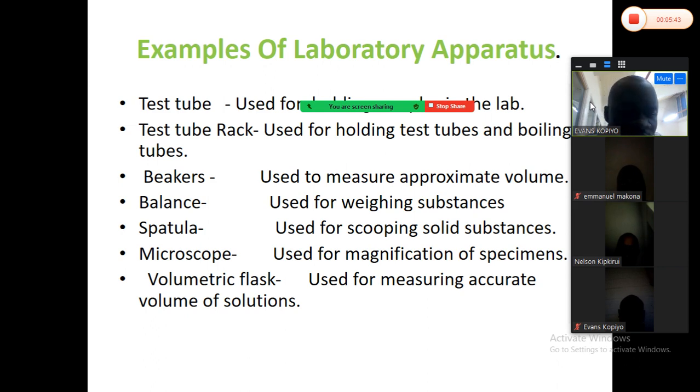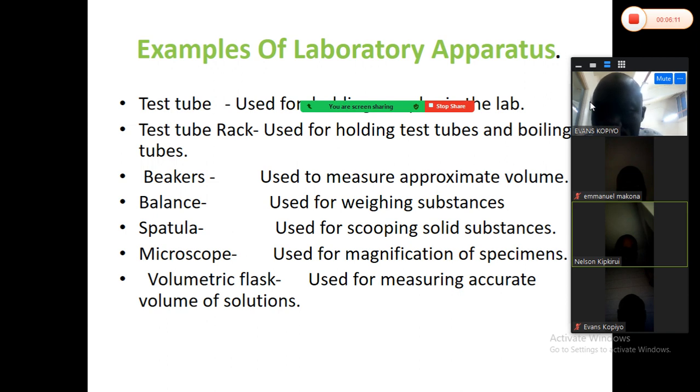Gerald, are you able to see? Can you read another example? We have a balance, used for weighing substances. We have a spatula, used for scooping solid substances. We have a microscope, used for magnification of specimens.